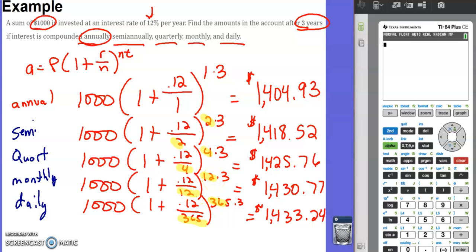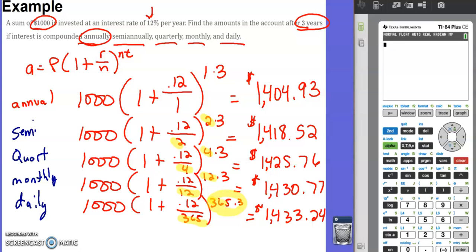And I really suggest you actually plug these into your calculator. Make sure you're getting the same values that I am, because on a scientific calculator, you have to know exactly how to plug these in correctly, especially this big one right here, 365 times 3.